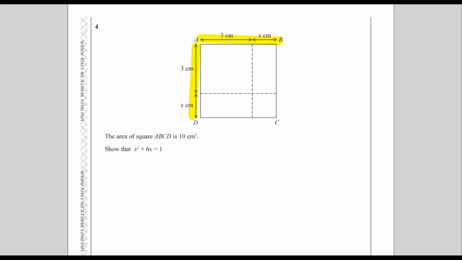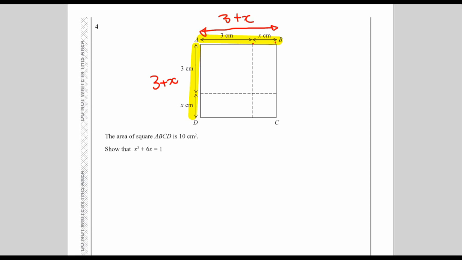And because it's a square, that means that the base and the length are the same. So you've got 3 up to here, and then you've got x from here to here. So in total, that's actually 3 plus x. Now because it's a square, the other side is also 3 plus x.